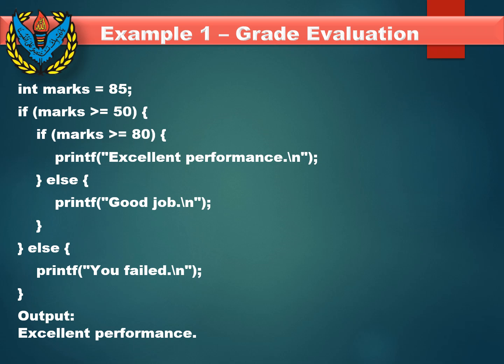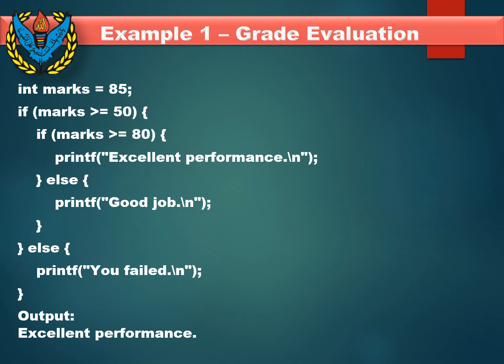Then the first if statement checks if marks is greater than or equal to 50. In this case the condition is true because the value of marks is 85. So then control goes to the next if condition.